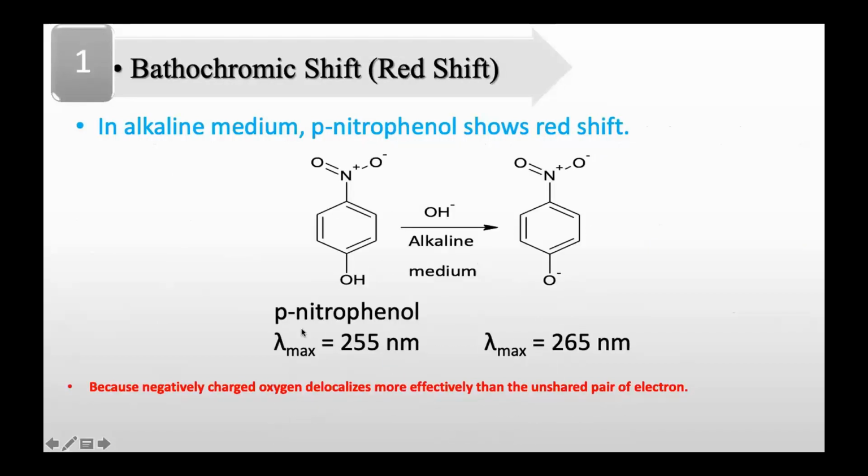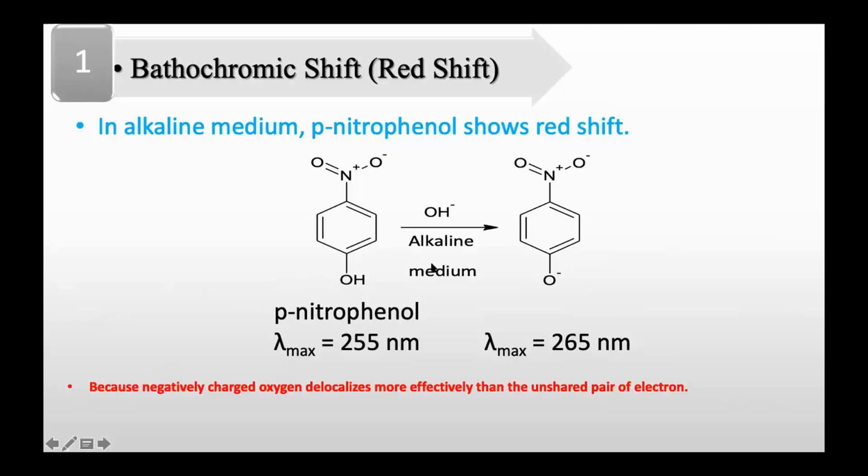Paranitrophenol shows a lambda max of 255 nanometers; if you use it in alkaline medium, the lambda max increases and becomes 265 nanometers. Now why does it change from 255 to 265 nanometers in alkaline medium? In pure paranitrophenol, the lone pair on oxygen is not effectively delocalized with the pi electrons of the ring.